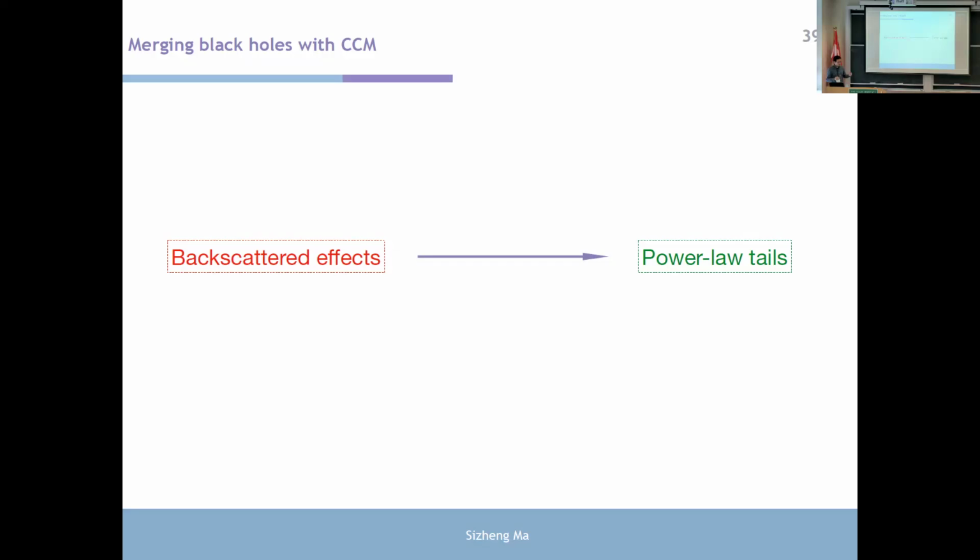As we know, those tails come from the backscattering of gravitational waves off large-scale space-time curvature. So if we want an algorithm to pick up this infrared structure, we really need this algorithm to cover the entire simulation domain. And this is exactly what CCM is good at.